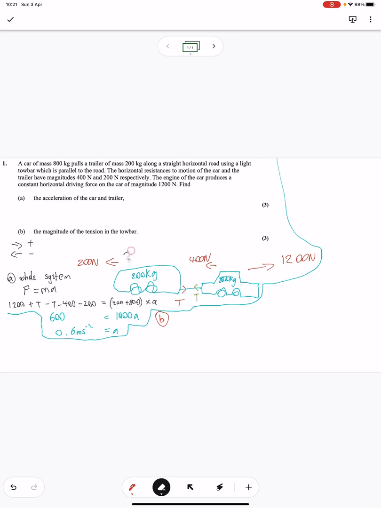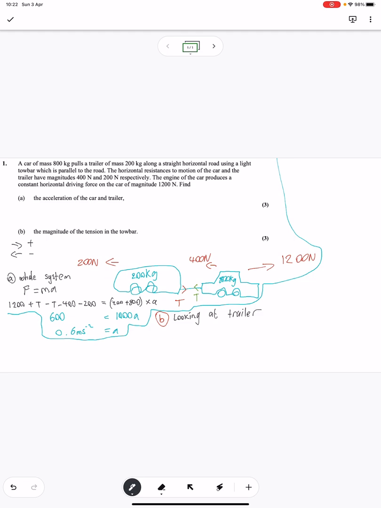Whereas on the car, you've got three forces acting on it. You've got the driving force, you've got the resistance to motion of 400, and you've got the green tension. Whereas the trailer is only the tension and 200. But 200 being less than 800, that's fine too. Cool, okay, so looking at the trailer.